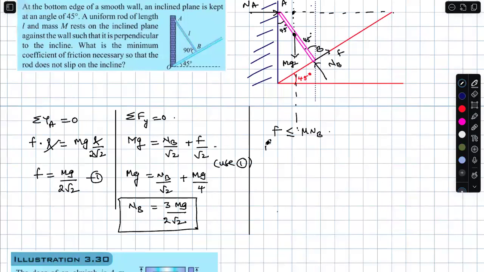Which means mg by 2 root 2 less than or equal to mu times 3 mg by 2 root 2. mg cancel. 2 root 2, 2 root 2 cancel. Mu greater than or equal to 1 by 3. So therefore mu minimum is equal to 1 by 3.